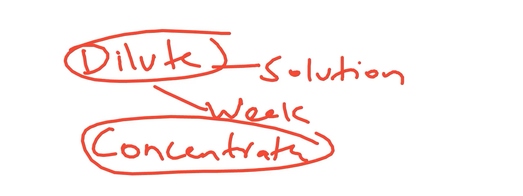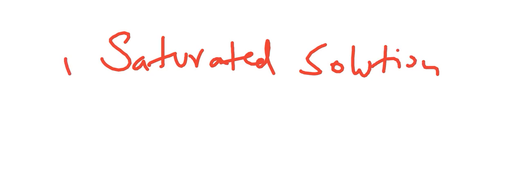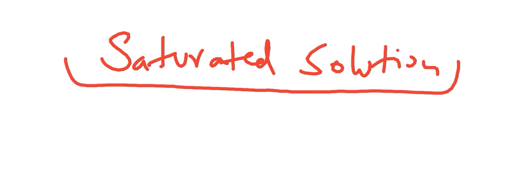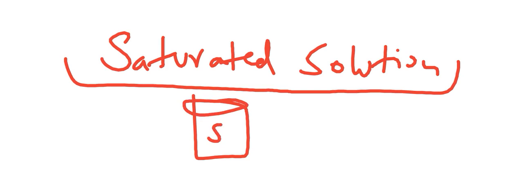Now this one other concept I'll tell you in later videos. So let's understand first saturated solution. Now what is saturated solution? Saturated is a term which signifies that in a solution, so let's say this is solvent A containing 20 ml of water.